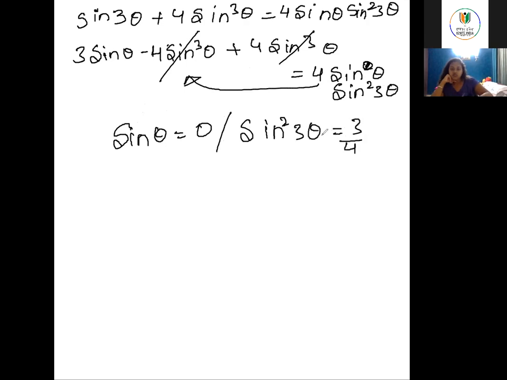That's what you have. So you can write for this, theta is equal to n pi, and here you can write 3 theta is equal to n pi plus minus pi by 3 from the square formulas that I had given to you.